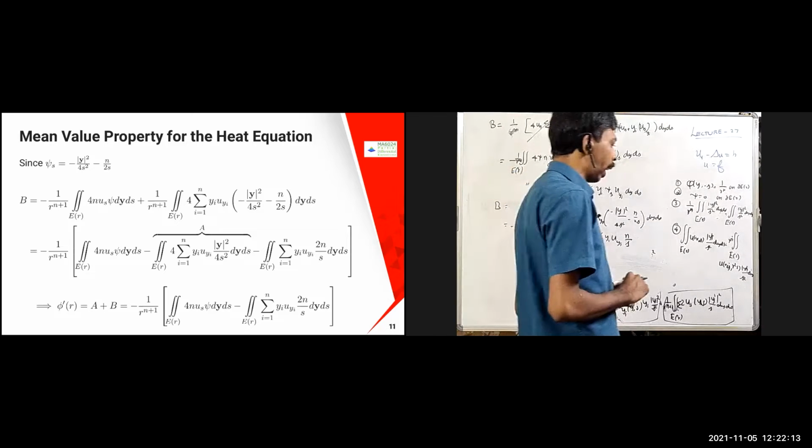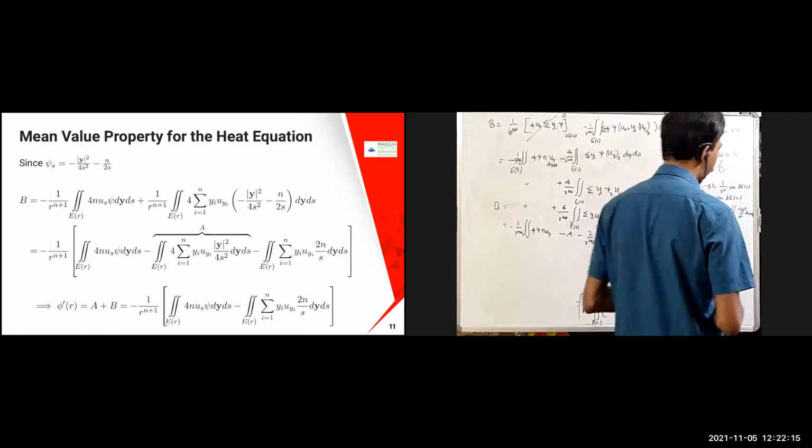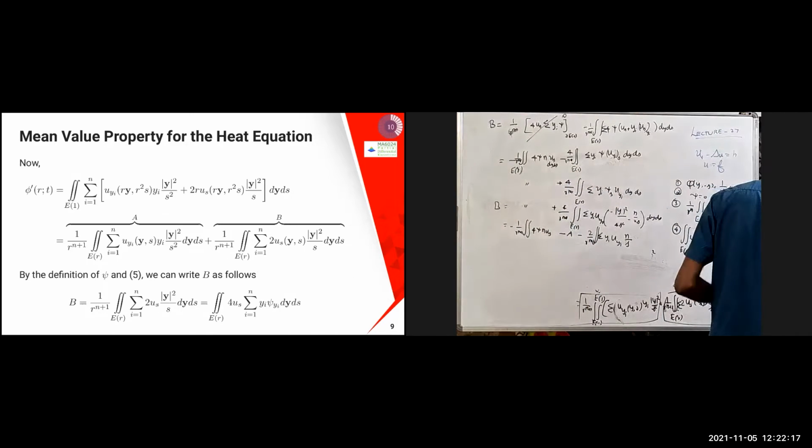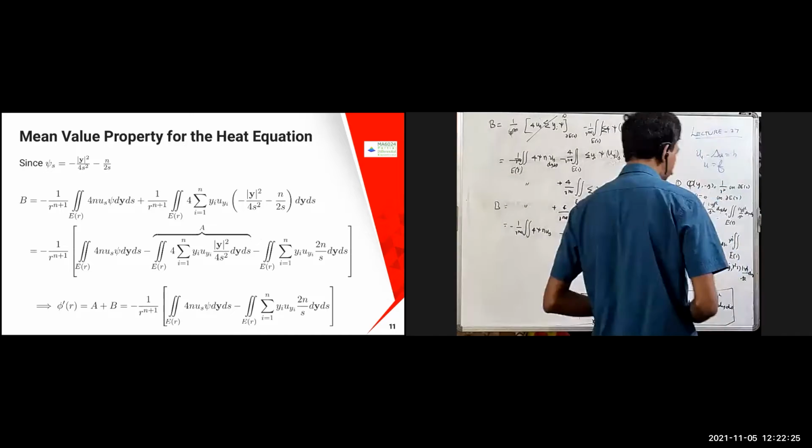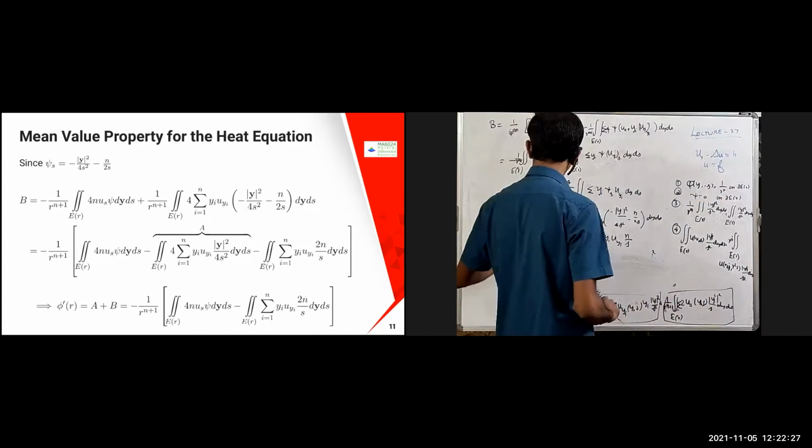Fine. So therefore, your phi dash of R is going to become A plus B, only these two terms are going to come.